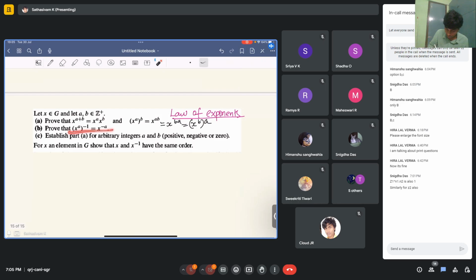And the second one says that if you take x power a inverse, this is nothing but x power minus a.